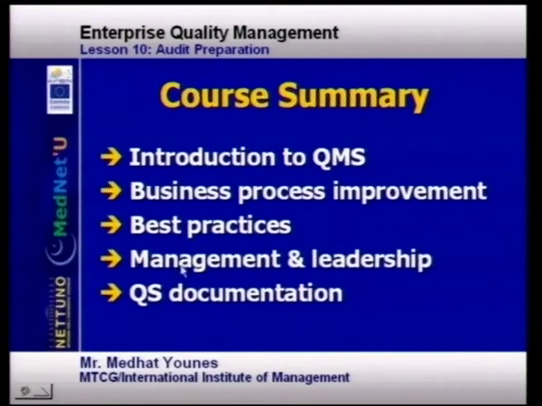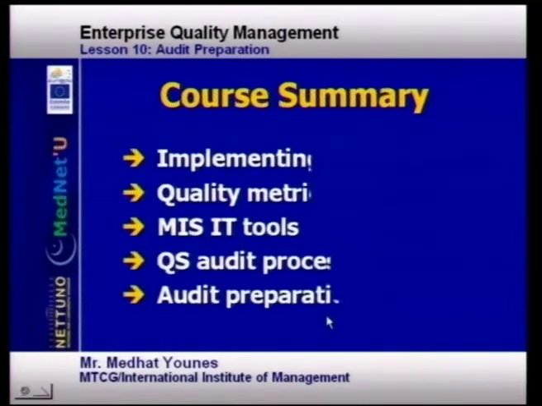We covered the basics of management and leadership, and we linked those concepts to the role of the quality manager. We learned how to write and maintain quality system documentation. Then we covered how to implement the quality management system.